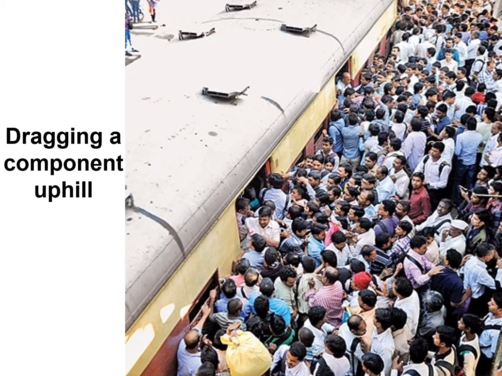A physical appreciation of uphill diffusion in ideal gas mixtures can be obtained by observing the countercurrent influx and efflux of passengers in a Mumbai local train.